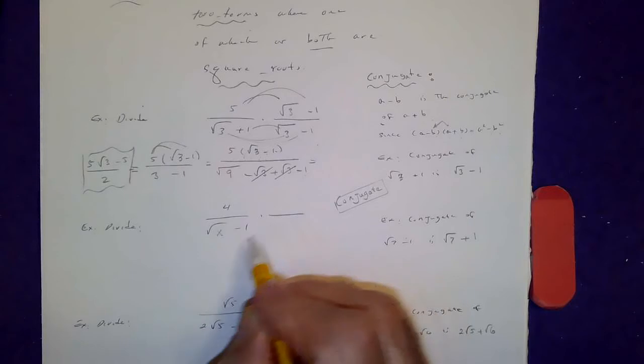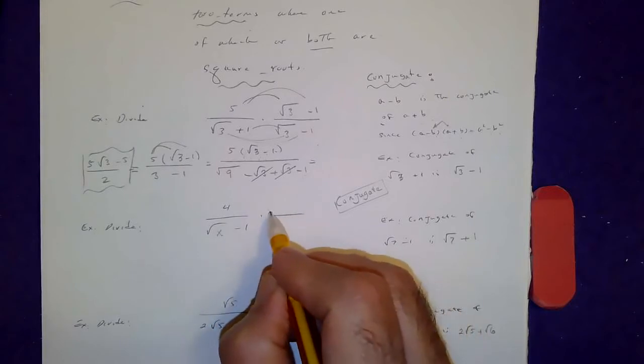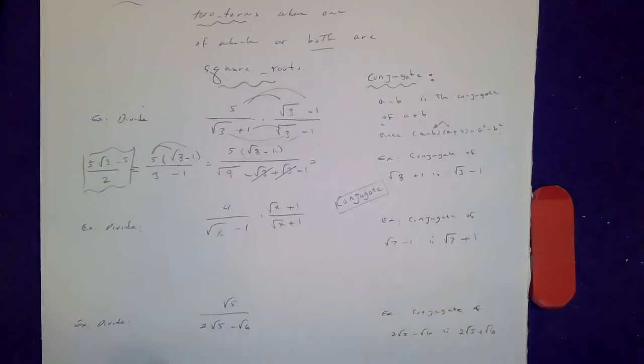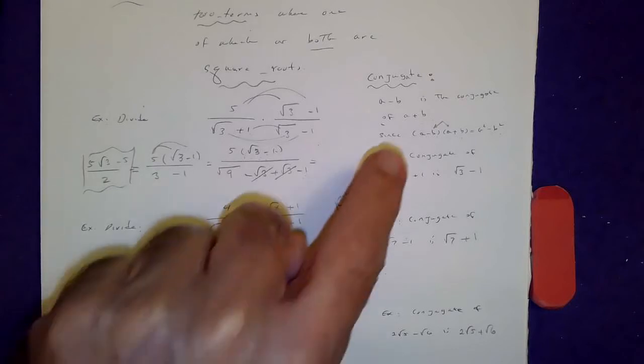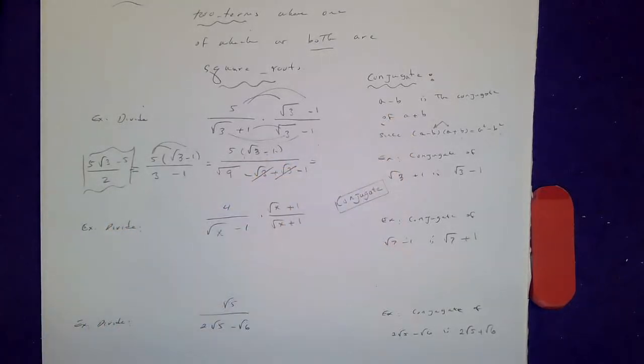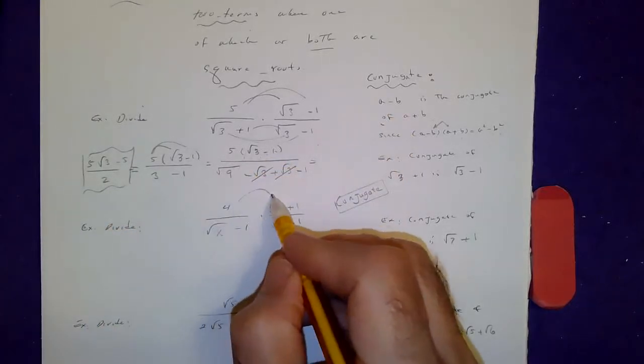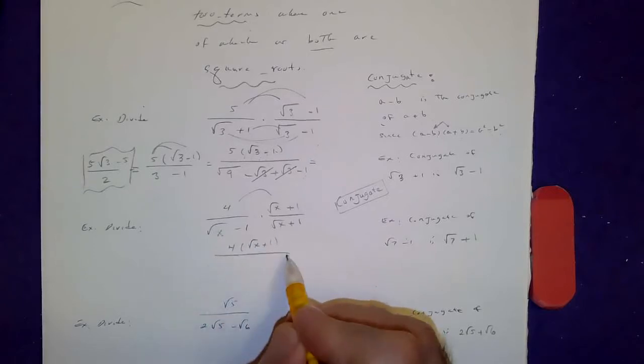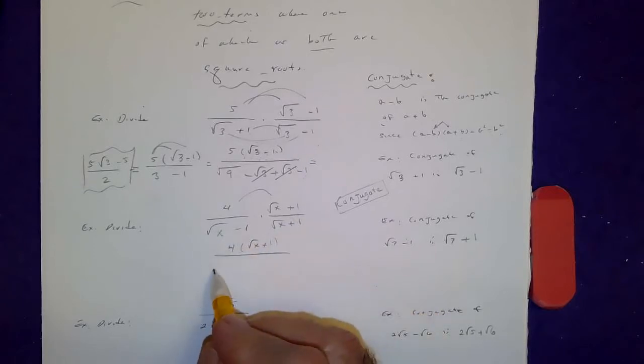Here, the conjugate of the square root of x minus 1 is the square root of x plus 1. So multiply top and bottom by the conjugate of the denominator. Remember what a conjugate is. Multiply the tops, so hold on to the 4, just put it in product form. The denominator is what?